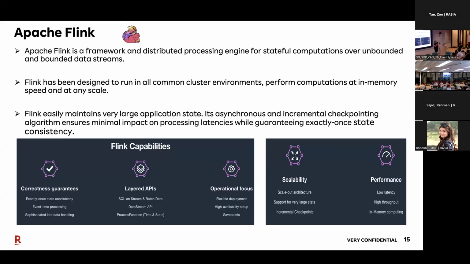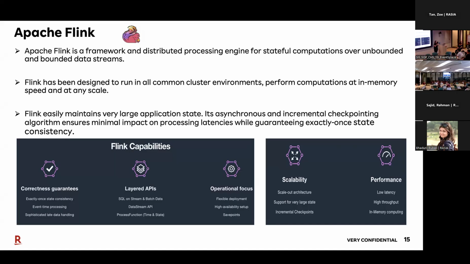Then there are layered APIs where you can perform various operations like processing, analyzing, filtering, transformations, and everything. Then there is operational focus and scalability, like you can scale up, scale down, and then the performance. It supports low latency, high throughput, and operational computation.